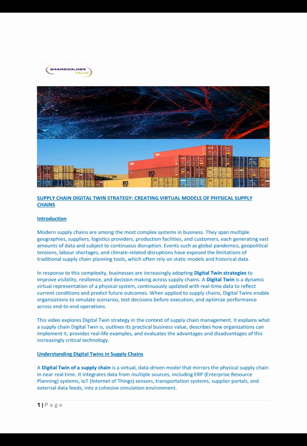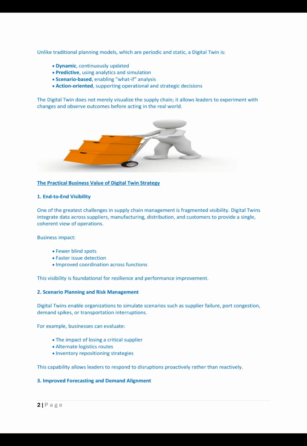Essentially, a supply chain digital twin combines data from many sources like ERP systems, IoT sensors, transportation tracking, supplier platforms, and external data feeds into one connected and dynamic simulation that closely mirrors the real operations almost instantly. A digital twin stands apart from traditional planning models because it is dynamic and constantly updated rather than periodic and static.